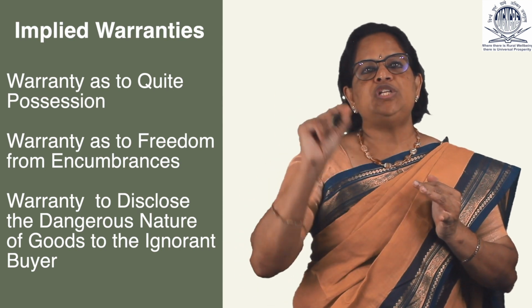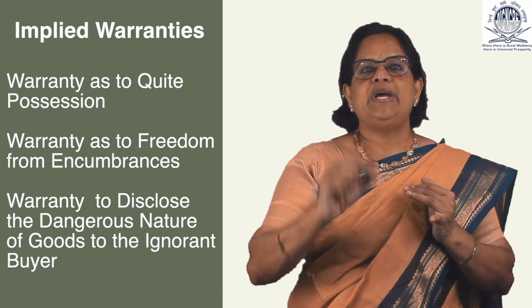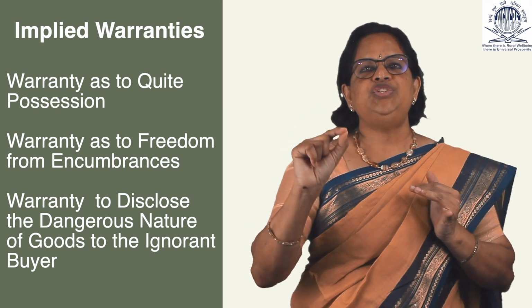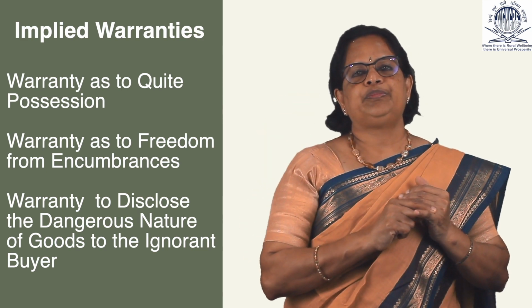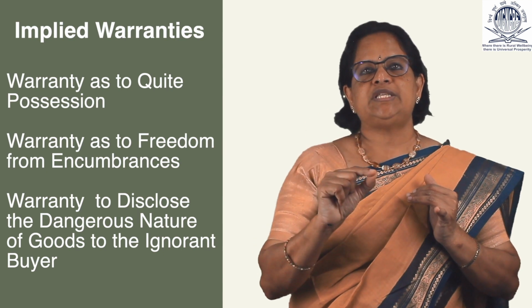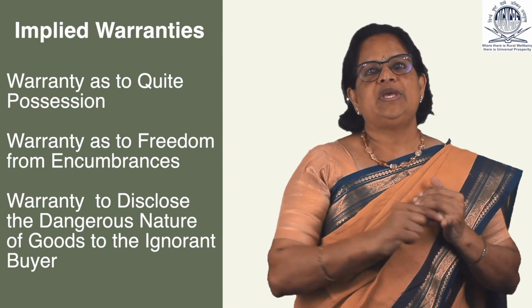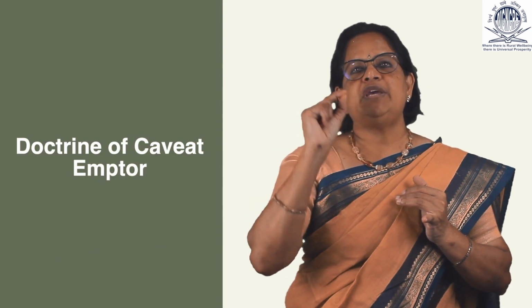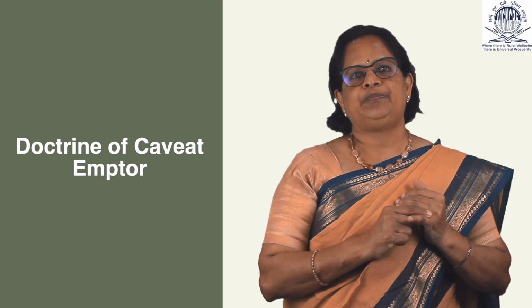If the seller fails to do so, the buyer is entitled to claim from him compensation for any injury suffered by him. For example, if a shopkeeper sells pesticides or crackers, he will explain the inherent danger of the product and will advise the buyer to keep it away from the reach of children.